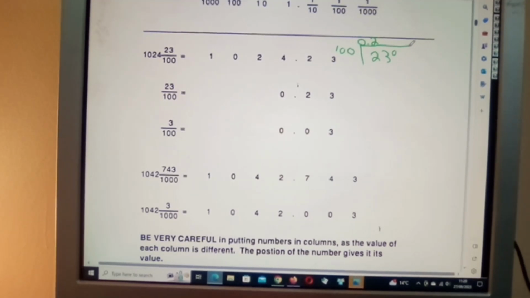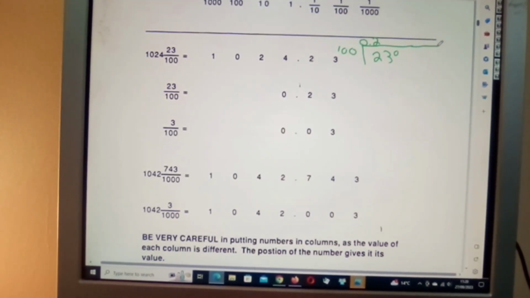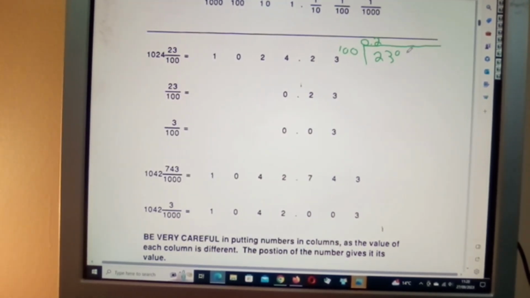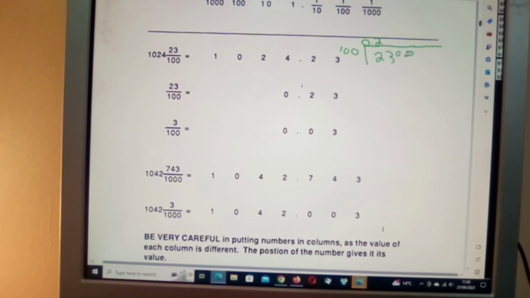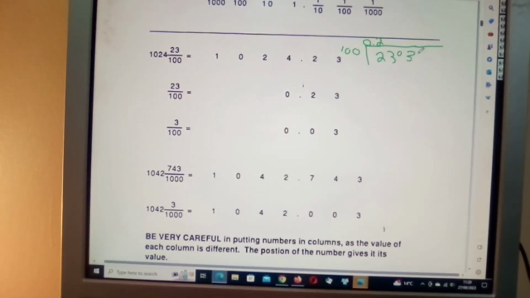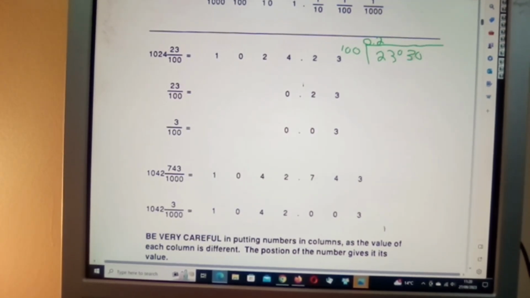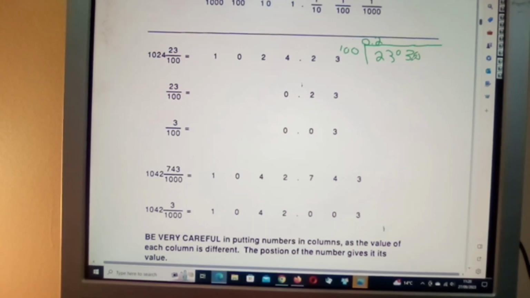Remainder 30. 100 into 30 cannot go, so you have to add a 0. 100 into 300 goes 3 times.